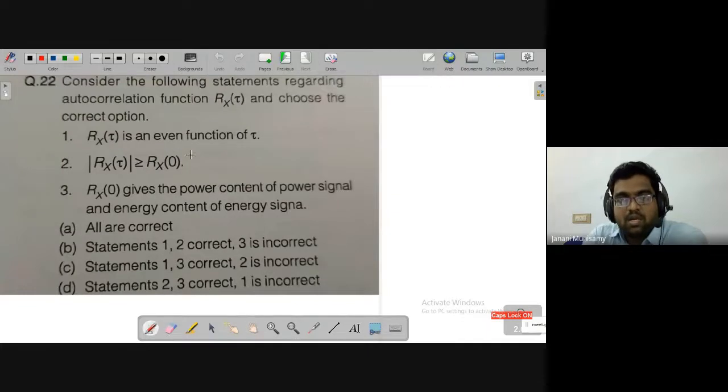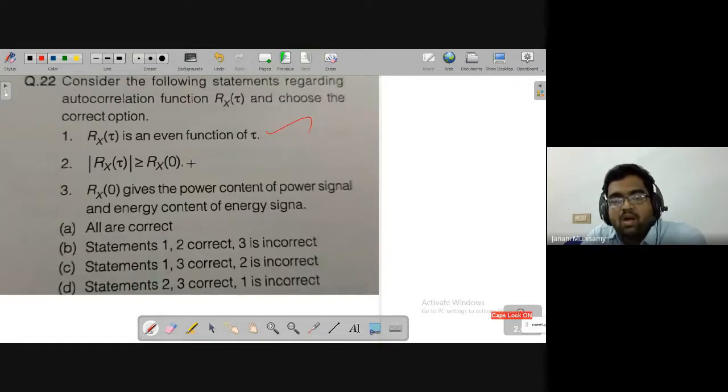Next, consider the following statements regarding the autocorrelation function Rx of tau and choose the correct option. We should know the autocorrelation function properties. First one, Rx of tau, the autocorrelation function, is an even function of tau. Yes, it is correct.